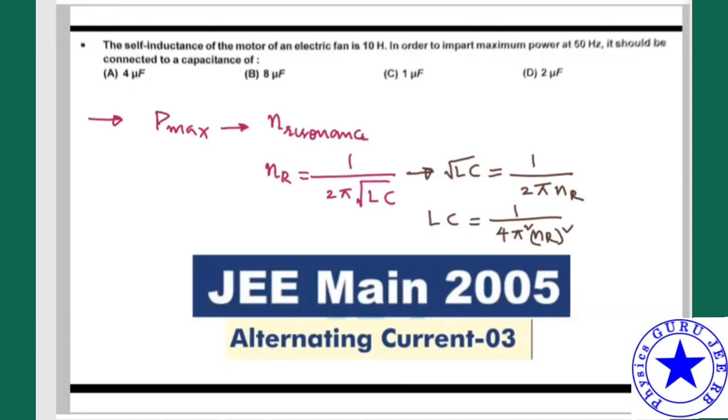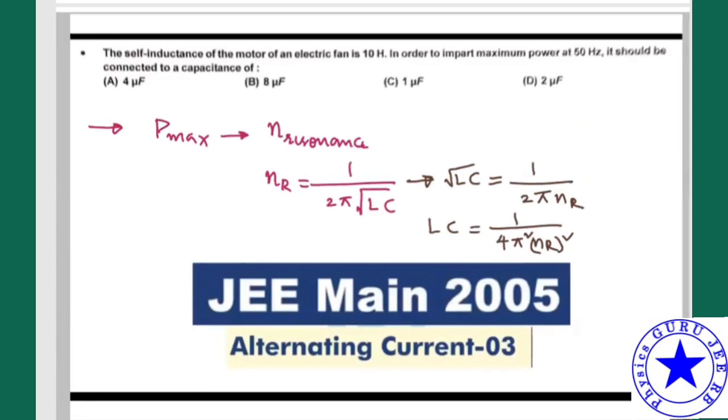It is clear. Now we want C. So C equals 1 by 4 pi square into N square into L. The frequency is given as 50, so 50 whole square, and the L value is 10.